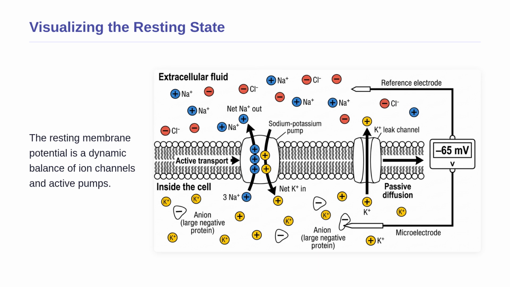It is actively working to maintain this separation. Right next to it, you can see a leak channel where potassium ions are escaping to the outside. Finally, observe the voltmeter on the right, which measures the net result of all this activity, a resting membrane potential of minus 65 millivolts. This diagram perfectly captures the tense, ready state of the neuron.